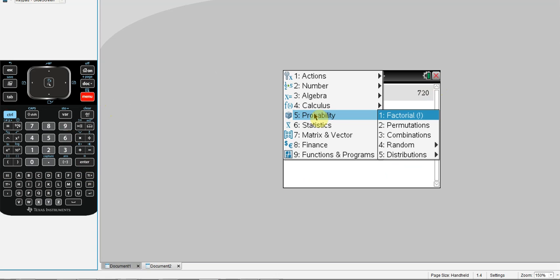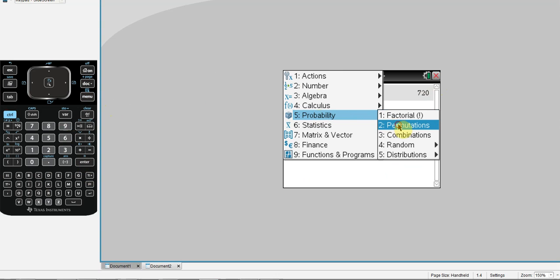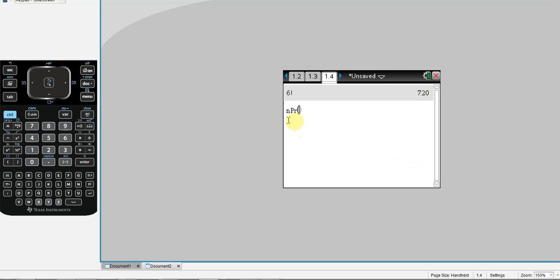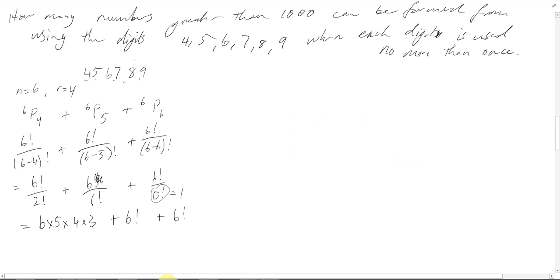We're looking at probability here, and permutations are what we're looking at. So here's the nPr. If you want to do 6P4, you do just 6 first, and then comma 4. So that's saying the 6 is the n, and the 4 is the r. And there you go, 360.